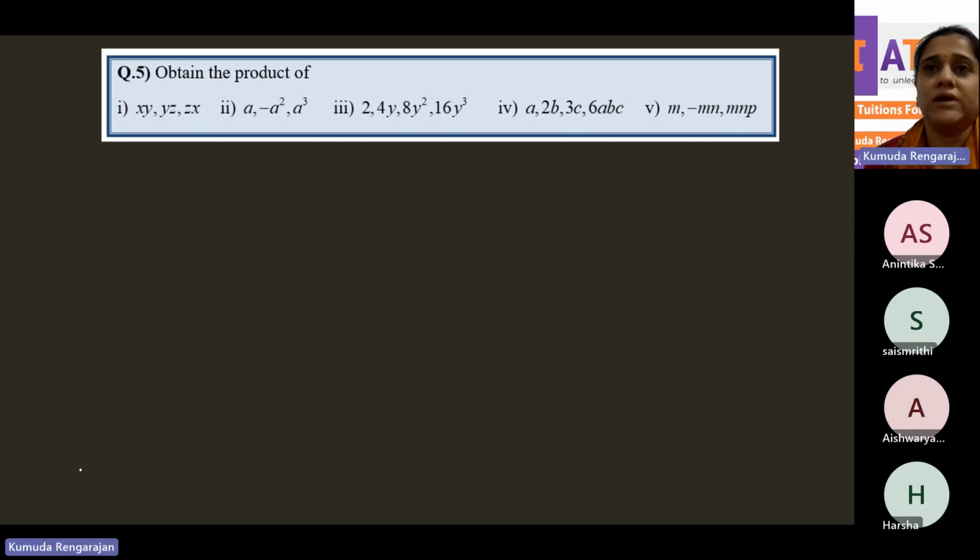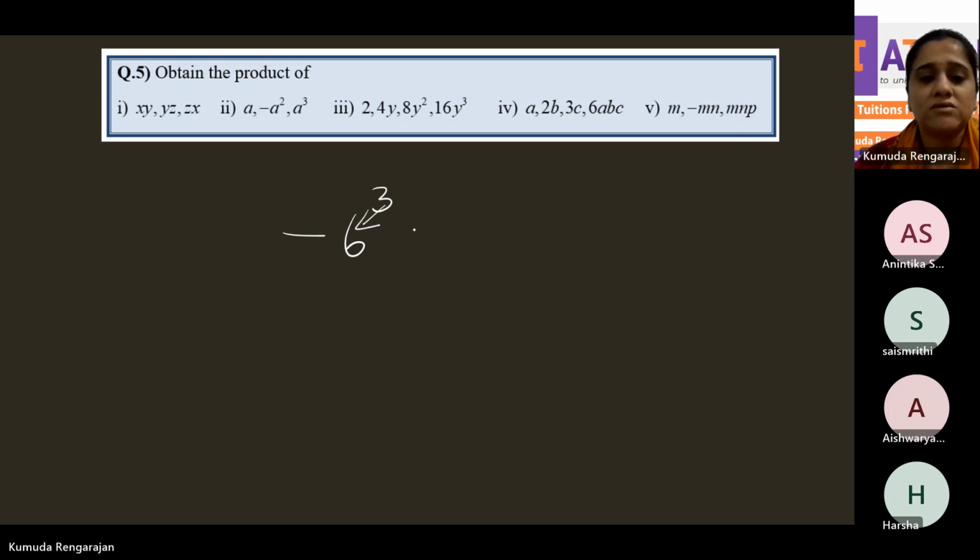If you want to indicate that the power 2 is for the minus also in the base, then you will have to enclose the base in a bracket. So see, if you write minus 6 like this to the power 3, this power 3 is only for 6. It's not for the minus sign. So minus 6 cubed is not minus 6 into minus 6 into minus 6.